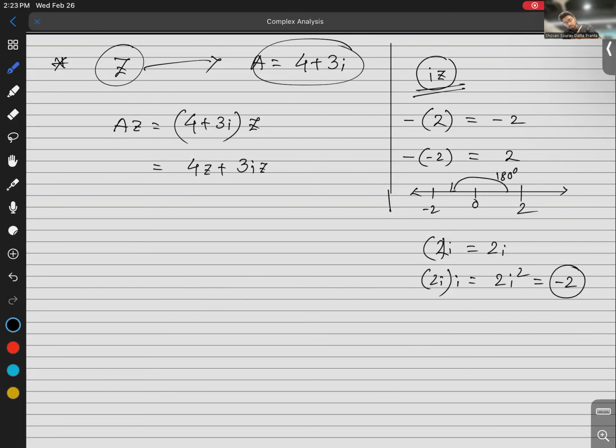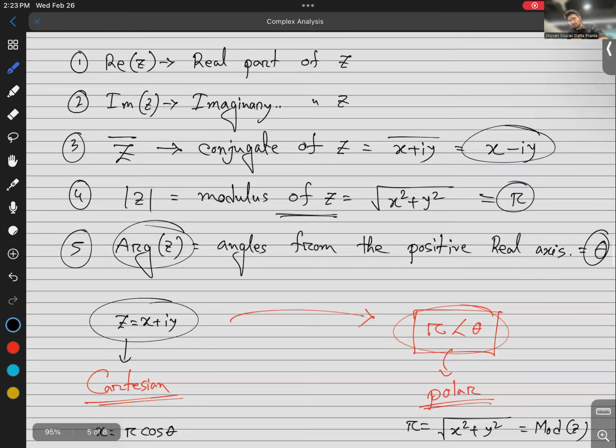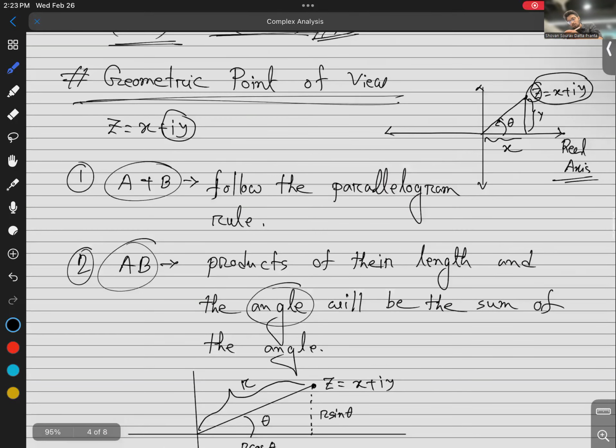So what is i doing here? i is doing a 90-degree rotation. As i is doing a 90-degree rotation, all the numbers on the axis perpendicular to the real axis are basically the purely imaginary numbers.